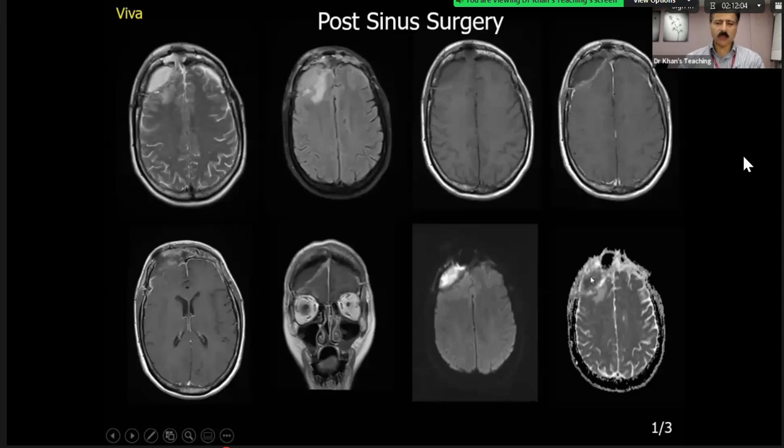So this is an epidural empyema. But another learning point here is that look at the adjacent dura. It shows enhancement. But if you look here, the enhancement goes bilaterally. So this is enhancement of the dura, which goes bilaterally.